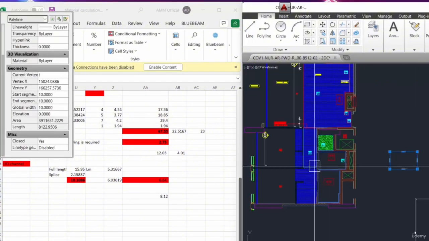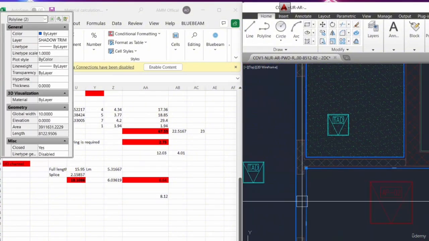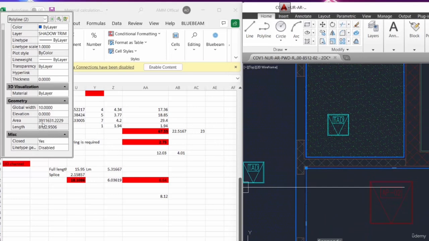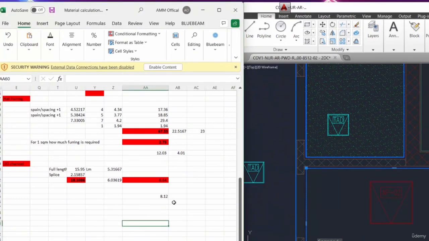I need to know the area of this, so the area is basically 3.91. Equal to 3.91 divided by 8.12. So I need this much linear meter per square meter.